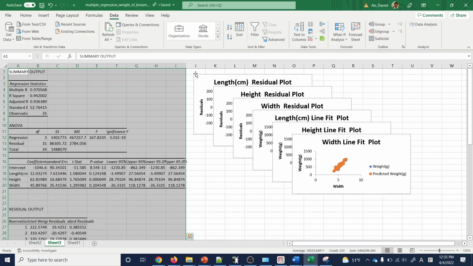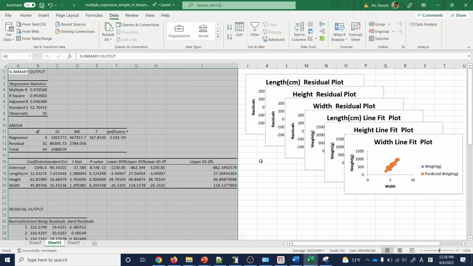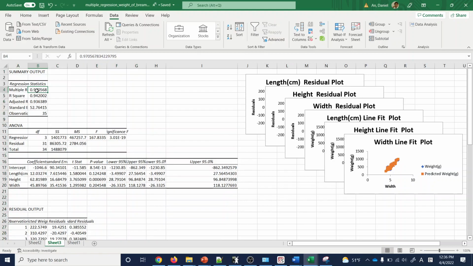All right, so here's what happened. We get a bunch of plots, and the multiple R, the correlation, comes out as 0.9705, and that's pretty significant, right? And if you look at this here, the significance, or the p-value, is 3 times 10 to the negative 19. So that's an extremely good p-value.